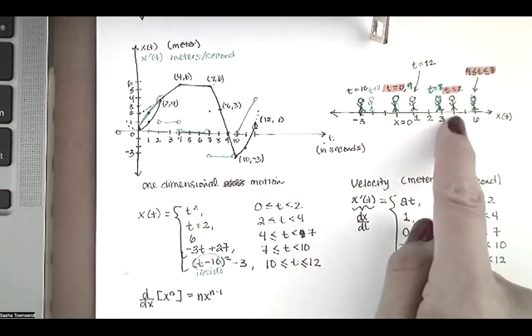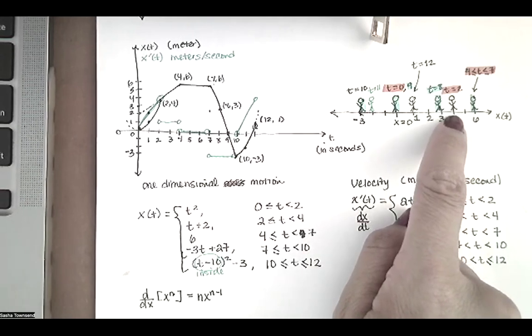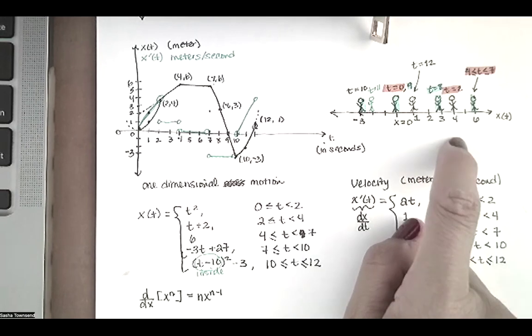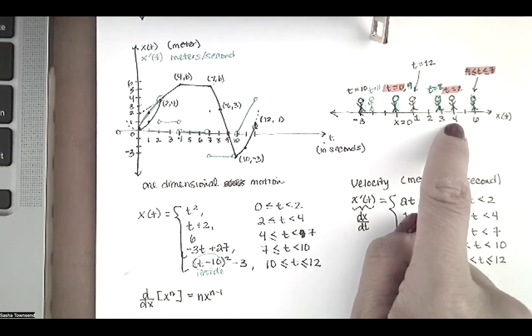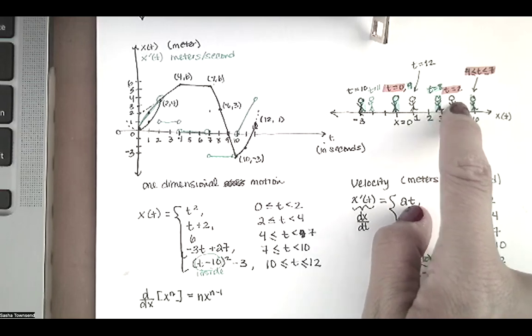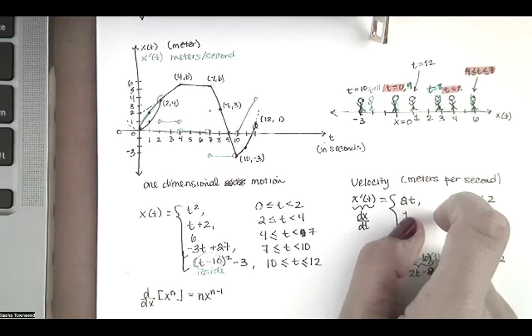At t equals 2, he's at location x equals 4 meters along our axis. And then 2 seconds later, he's at location 6. So he's going 1 meter per second from t equals 2 to t equals 4.